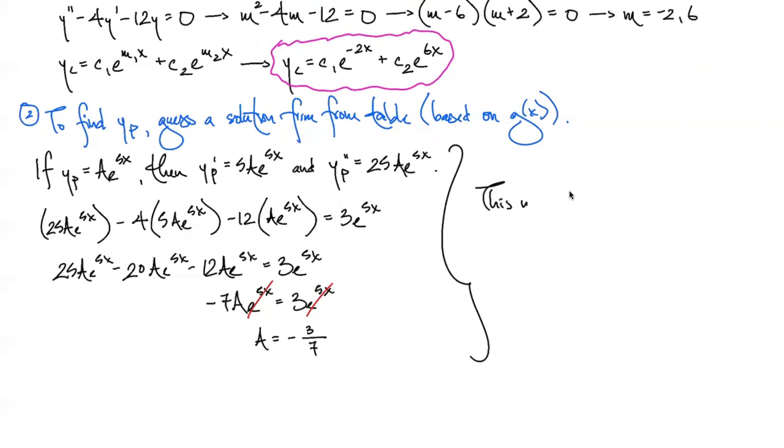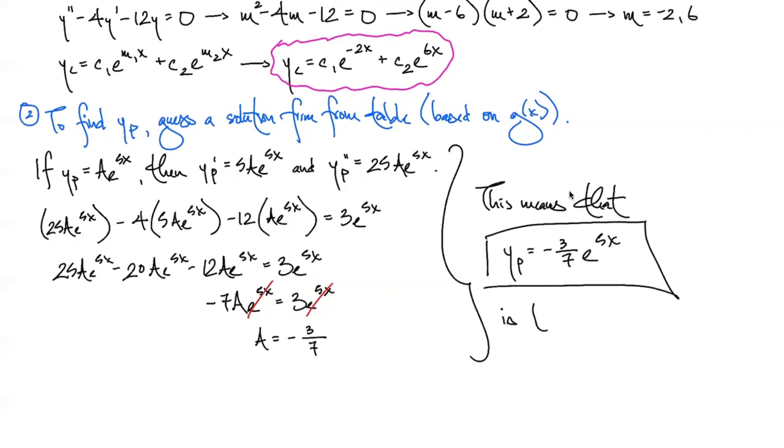This means that y sub p, our particular solution, is going to be not a e to the 5x, but rather negative 3/7 e to the 5x. Okay.